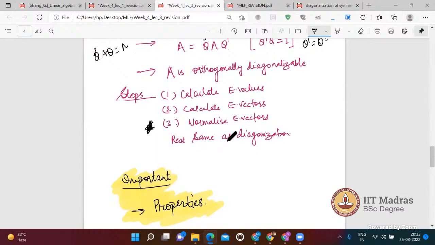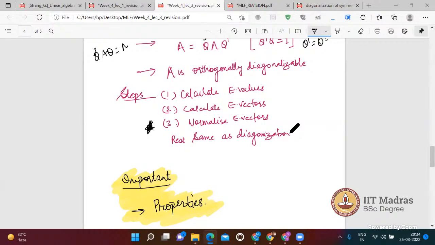The important thing from this week is that you should be able to calculate the eigenvalues of simple matrices. If you are asked about a 3x3 matrix, you should be able to calculate its eigenvalues, and you should be aware of the properties of real symmetric matrices.